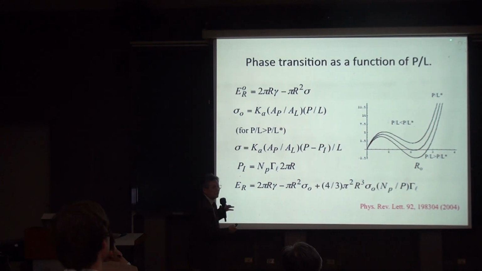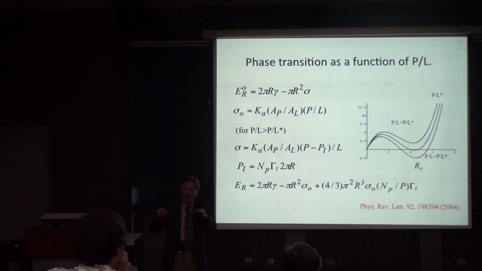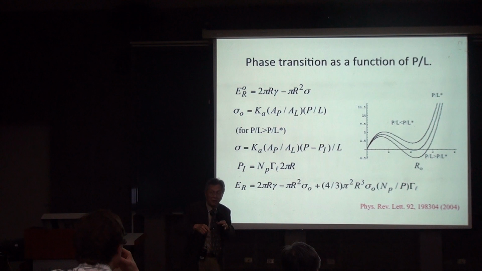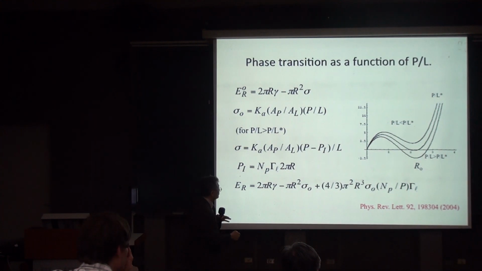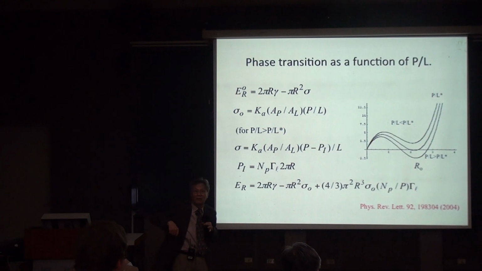P over L is just a normalization. But when you make a hole, we found that these antibiotics go to the hole and become perpendicular. And that relaxes the number of peptides on the surface, making the tension a little less. So you have this: total number of peptides minus the number on the circumference in the hole. But the number of peptides that go to the hole is proportional to the circumference.